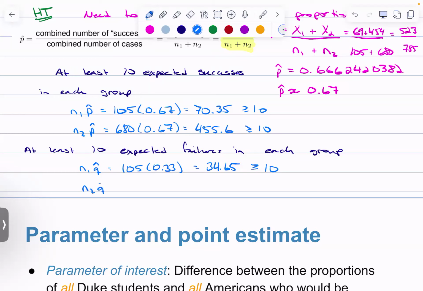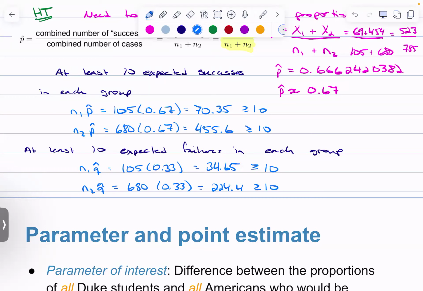And n2 q-hat is 680 times 0.33. 224.4 is greater than or equal to 10.